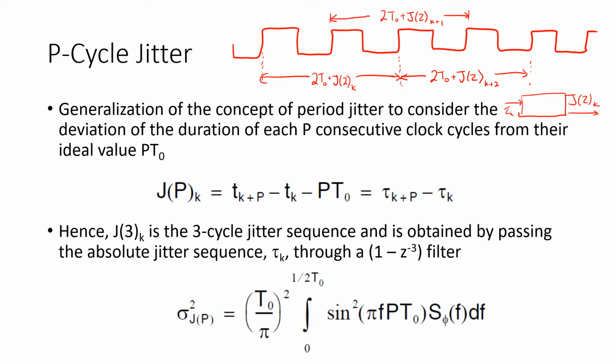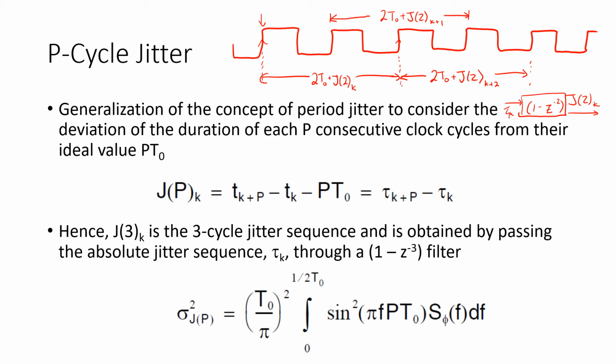This two-cycle jitter is the absolute jitter filtered by, instead of 1 minus z inverse, 1 minus z to the minus 2, because each observation is sensitive to the timing deviation of one rising edge and a rising edge 2 clock cycles later.